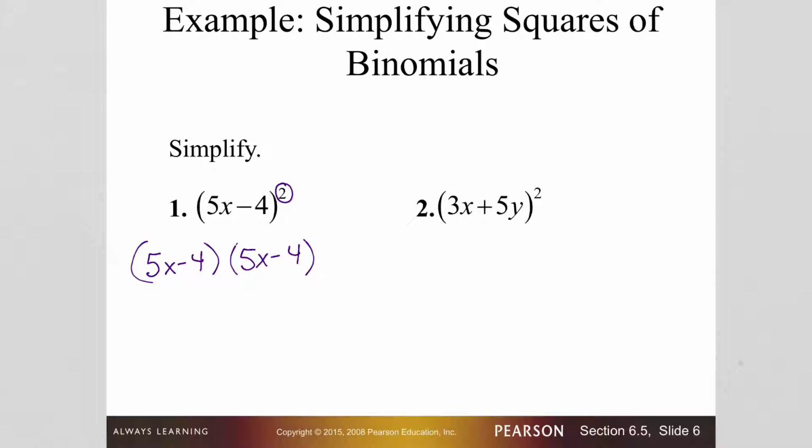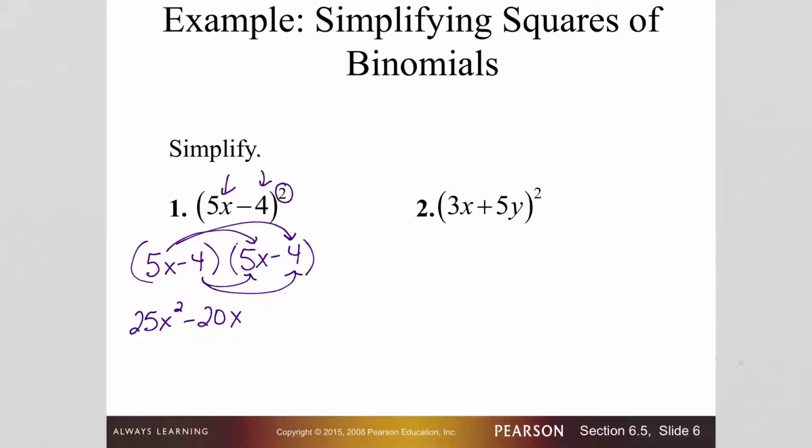Now just distribute. And please don't just square that and call it good. You're going to miss this every single time if you do that. So write it out, draw your arrows, combine your like terms, take the time to do this right. So 5x times 5x is 25x squared. 5x times negative 4 is negative 20x.